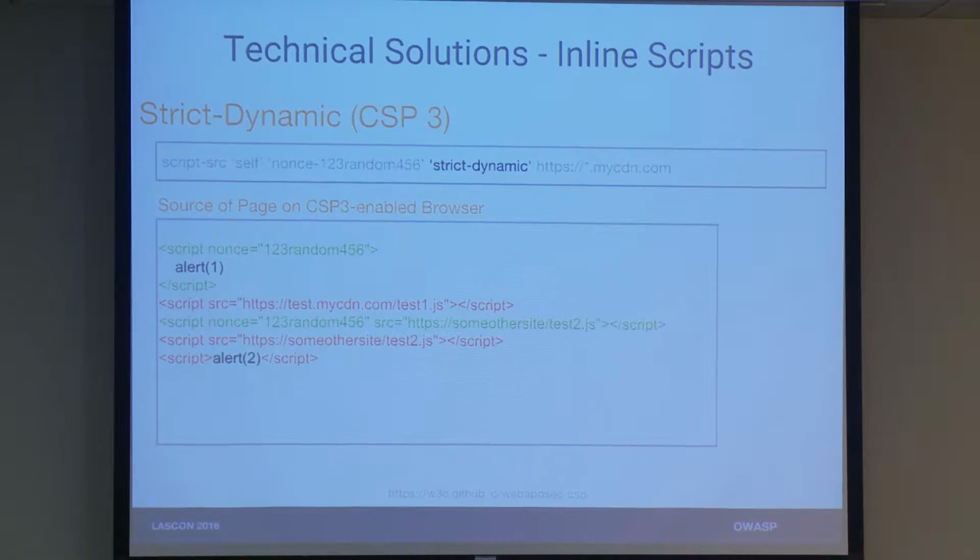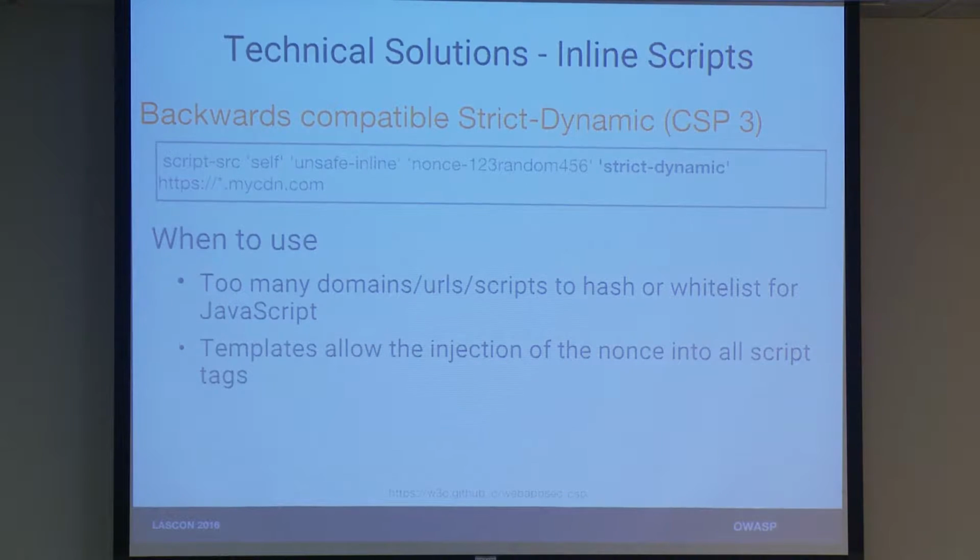However, that rules out things like subdomains and keywords, so only hashes and nonces are available then. So when to use it: if we have too many domains or URL scripts and the CSP header is going to grow too big, and we're working towards a policy, but this is sort of an intermediate step.